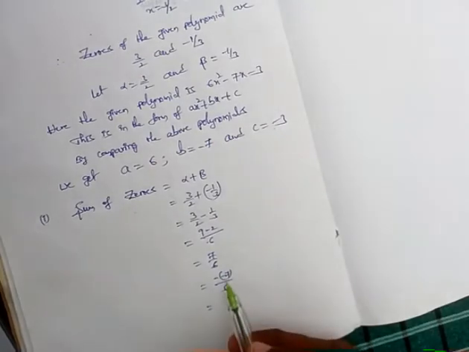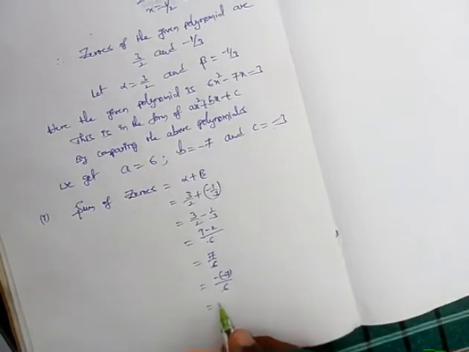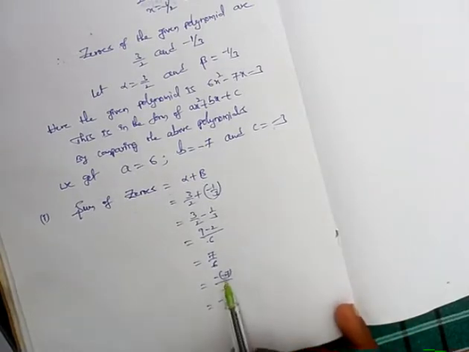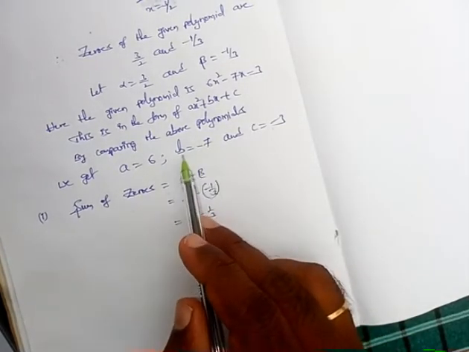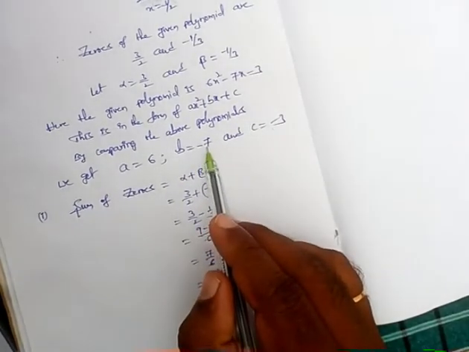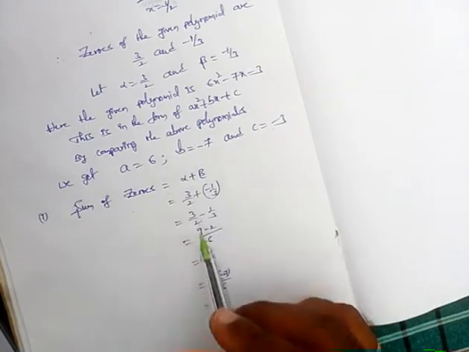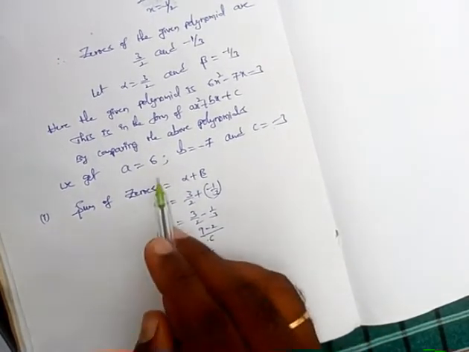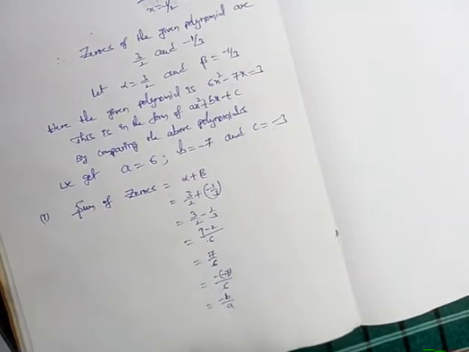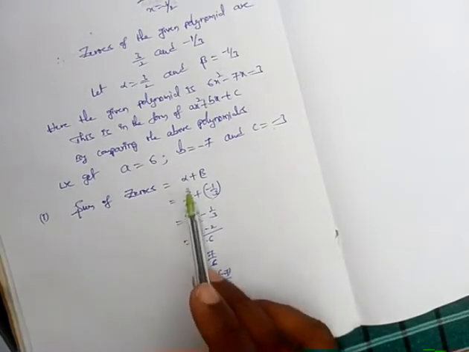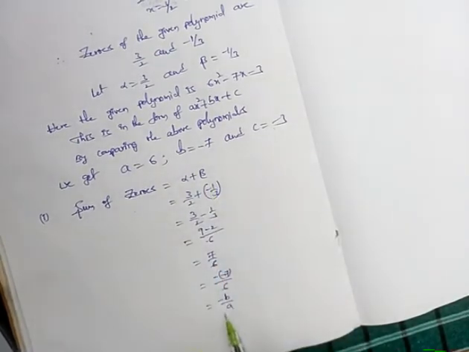Let's verify this. Minus means write the minus sign as it is. Minus 7 means you can write b, because here minus 7 equal to b. That's why in the place of minus 7 you can write b. That's why minus b by a, with a as 6. Already we wrote, that is minus b by a. Okay, so we verified that sum of zeros alpha plus beta equal to minus b by a.